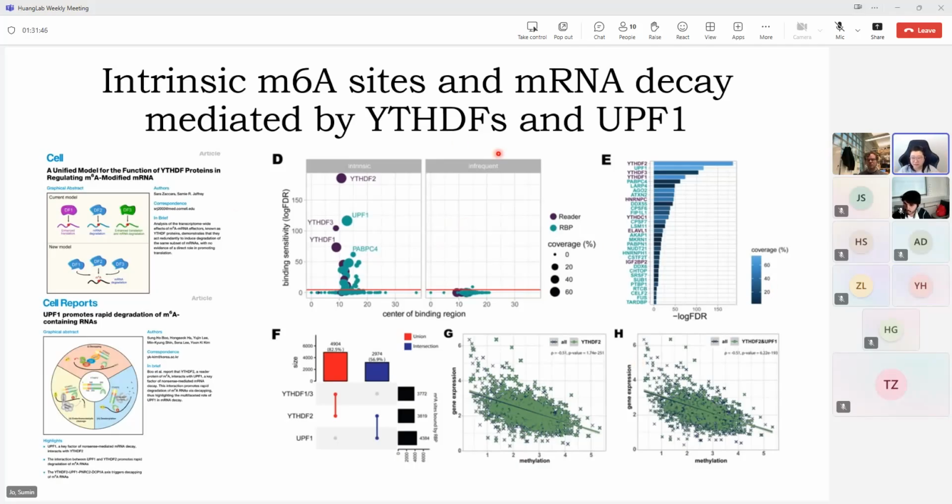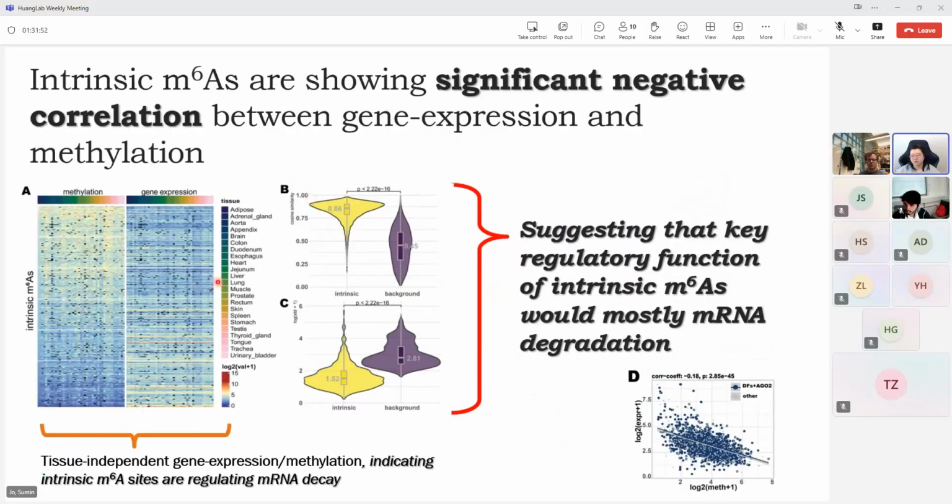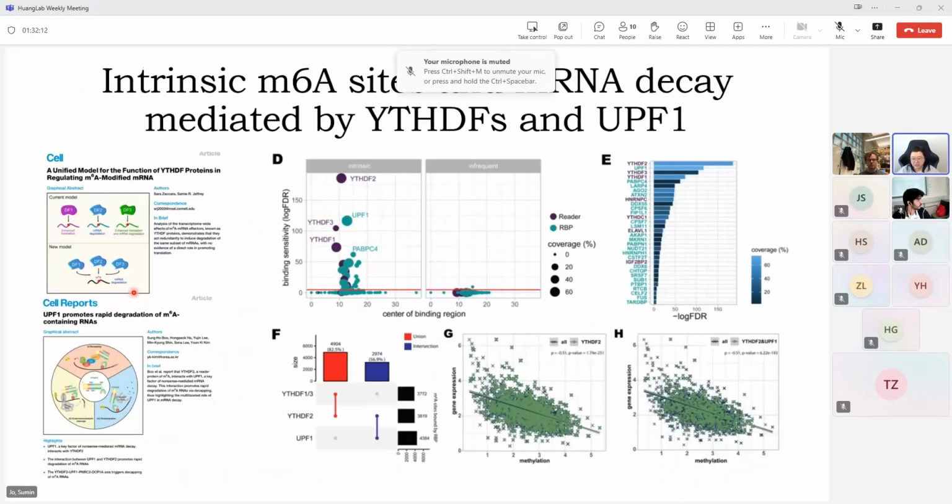From this binding significance between the intrinsic versus infrequent, and also this negative correlation between gene expression and methylation, we conclude that the main downstream function associated with intrinsic sites is mRNA degradation compared to the infrequent sites, because of this significant negative correlation plus the significant binding sensitivity towards intrinsic sites, especially DF1-3 and UPF1, which are all known to function in mRNA decay.